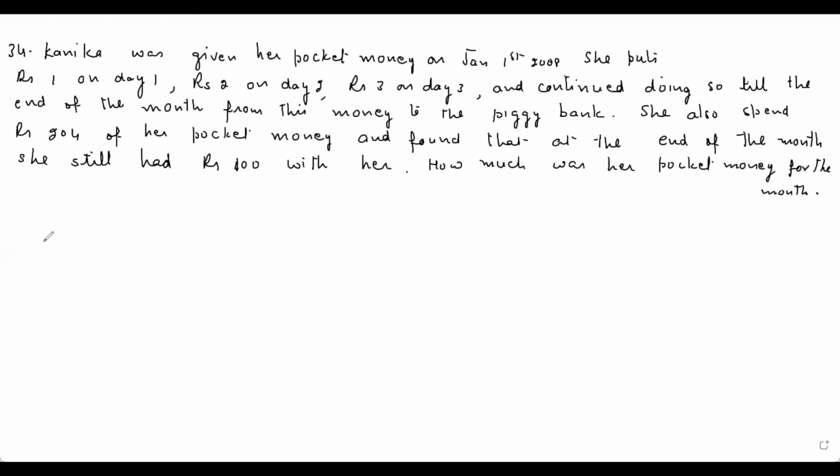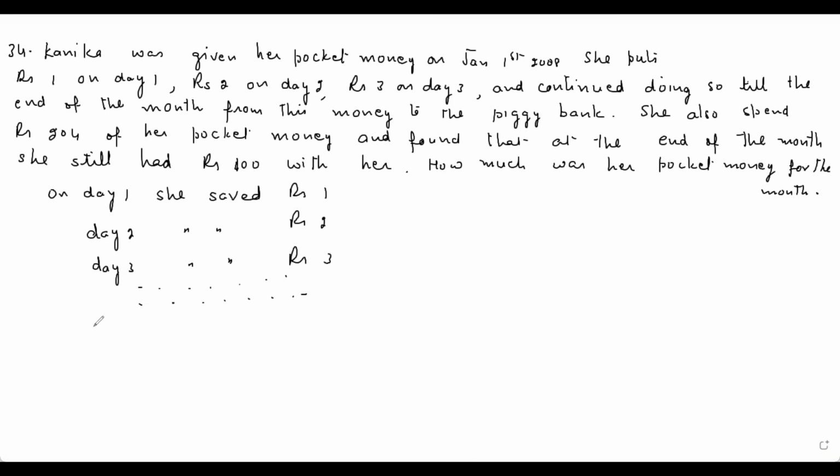She spends her pocket money, and in the end she has 100 rupees with her. Now first we will find how much she saved. On day 1, she saved rupees 1. On day 2, she saved rupees 2. Day 3, she saved rupees 3. And so on.